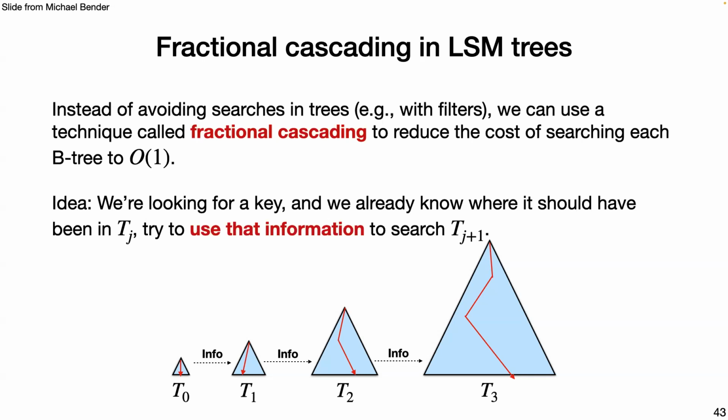The high level idea is that we're already searching in the lower trees, and in a naive LSM tree, you throw away that information and do the search from the top in the later trees. But what if we use that information somehow to search in the later ones? Especially because we have to rebuild them anyway, so we might build a smarter structure to use some information between them.